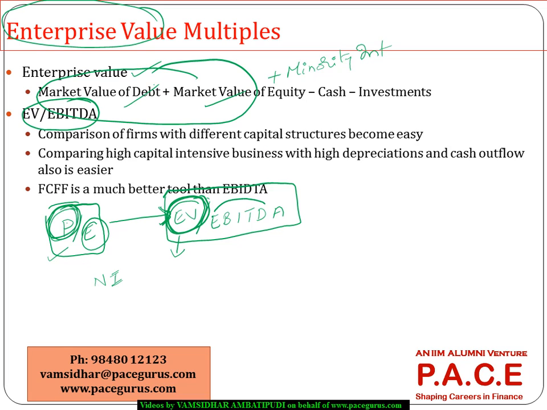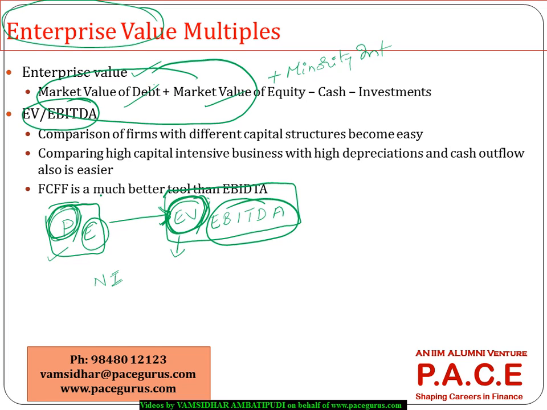Whereas in this case, we have EBITDA, which is the profit the firm generates as a whole before payment to any of the investors. So both are more or less on the same lines, where P by E focuses mostly on the equity investor dimension, whereas enterprise value by EBITDA focuses more on the entire firm dimension.